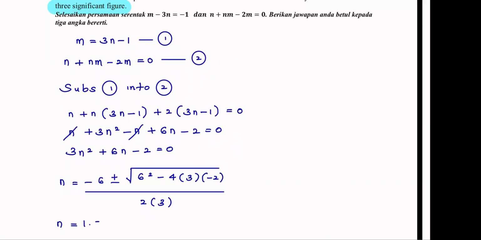Careful. I thought it's 3 decimal place. No, significant figure. 1.58. Then the second one? 0.423. Yes, 0.423. So use this value, put inside the first equation, you will get the m.